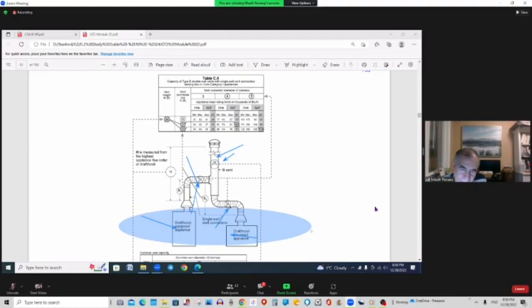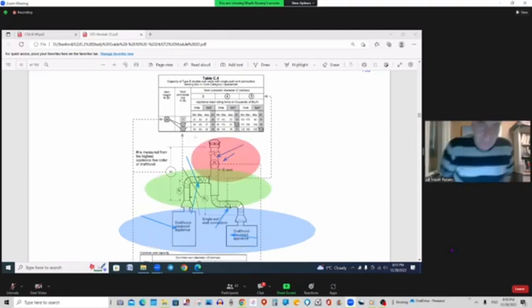If you have 2 or more appliances, B vent and single wall connector, it is going to be table C4. The double wall vent, single wall connector. Here is the connector, here is R1, R2, connector here.